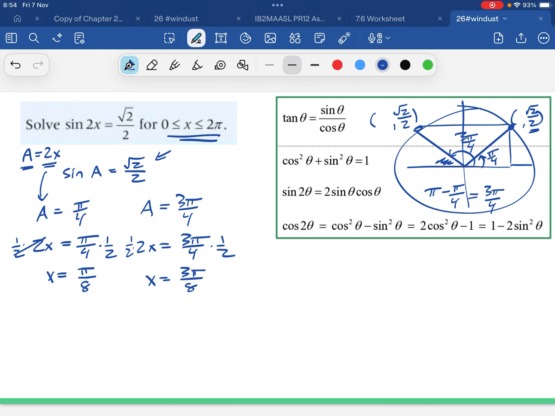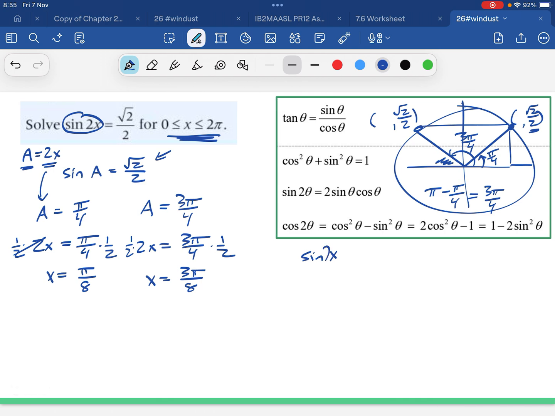But how many solutions is this going to have? You always have to go back to the domain. Both of those are between 0 and 2 pi, which is great. Now, this is where you have to think about the graph of sine of 2x, because what's the period of that? If I just said what's the period of sine of x, the period is 360 degrees or 2 pi.